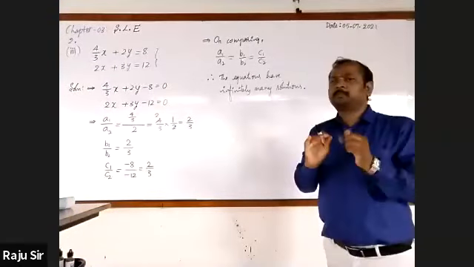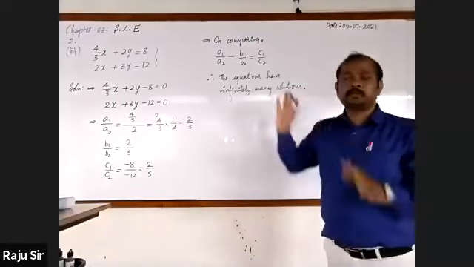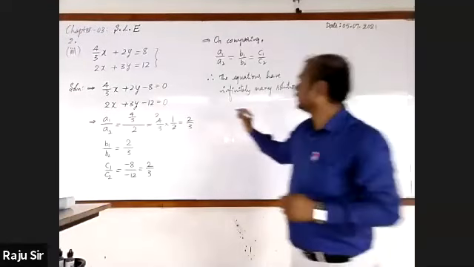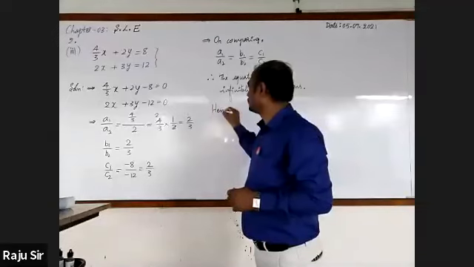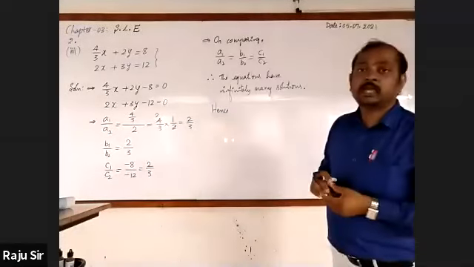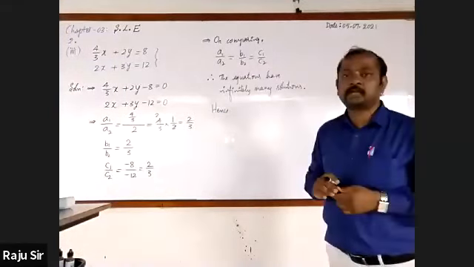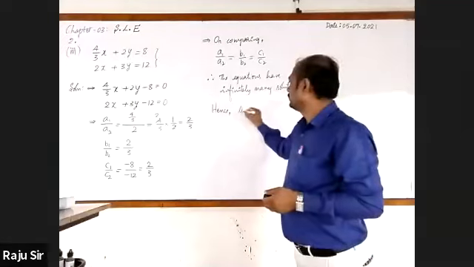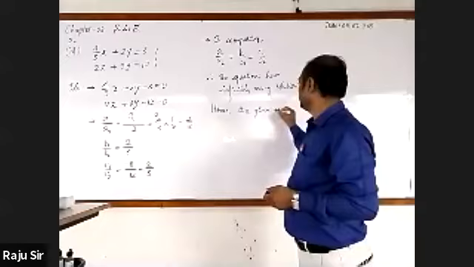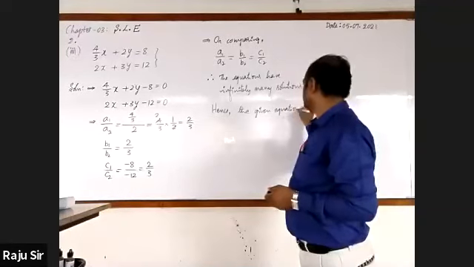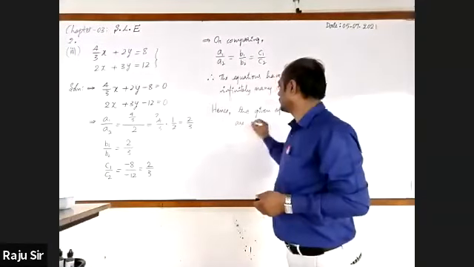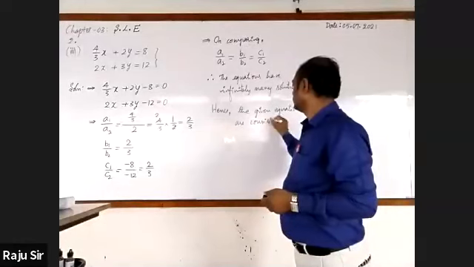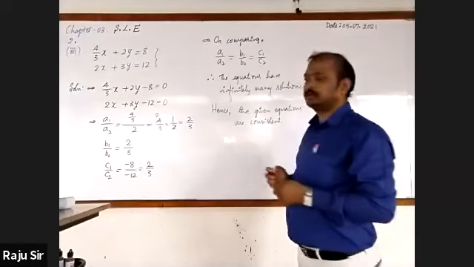Whether it may be unique or infinite, solutions are there. If the given equations have solutions, then you can say that they are consistent. You can write the final conclusion. Hence, the given equations are consistent.